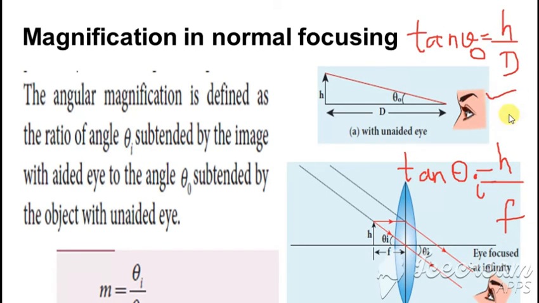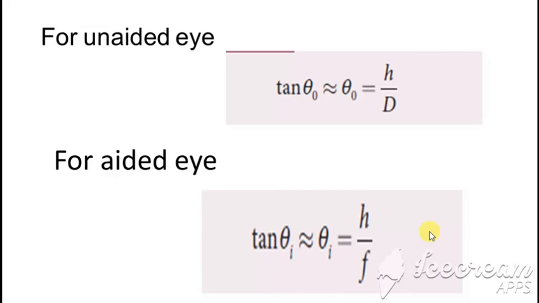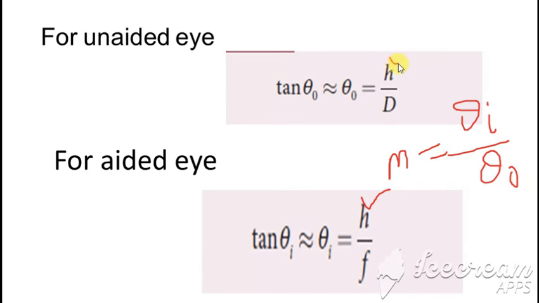So we have got the values of tan theta naught and tan theta I from these diagrams, for the unaided eye and for the aided eye. Clear? Now next we are going to divide both, because the formula is M is equal to theta I divided by theta naught, is it not? So theta I is this, theta naught is this. When you divide, we get h divided by f divided by h divided by d.